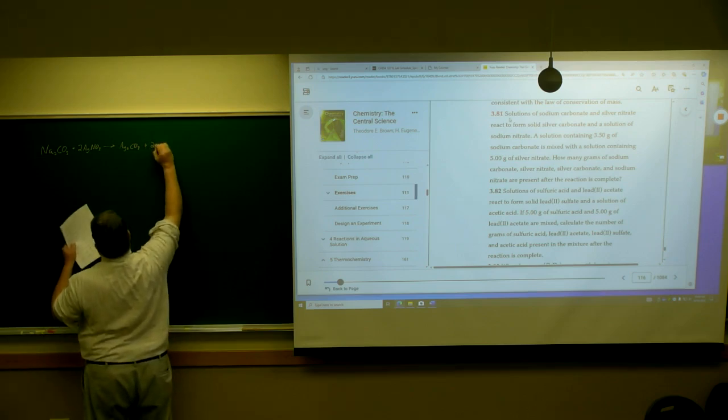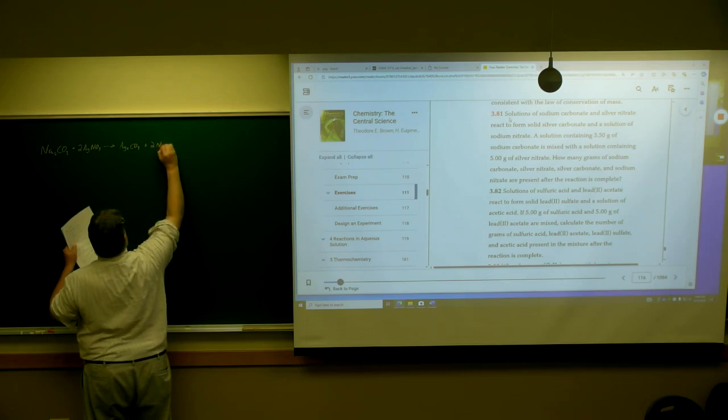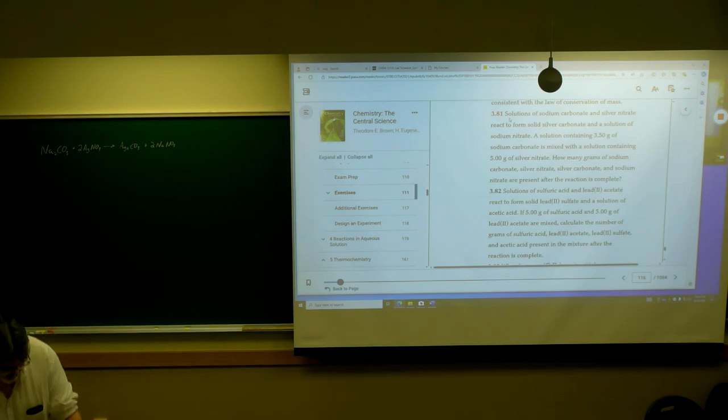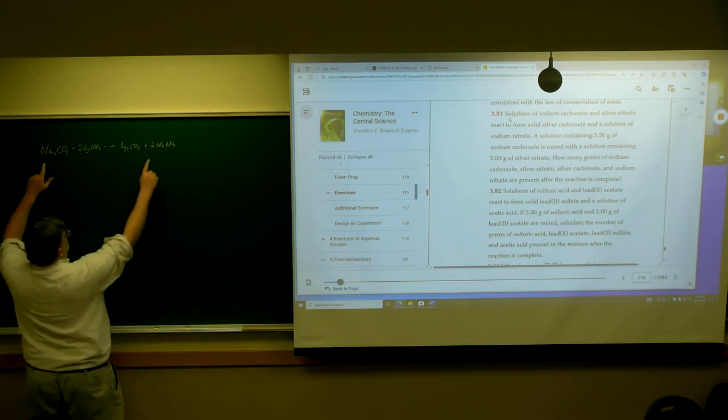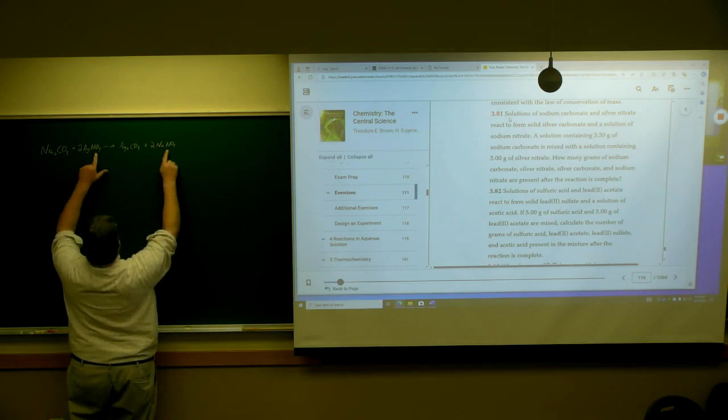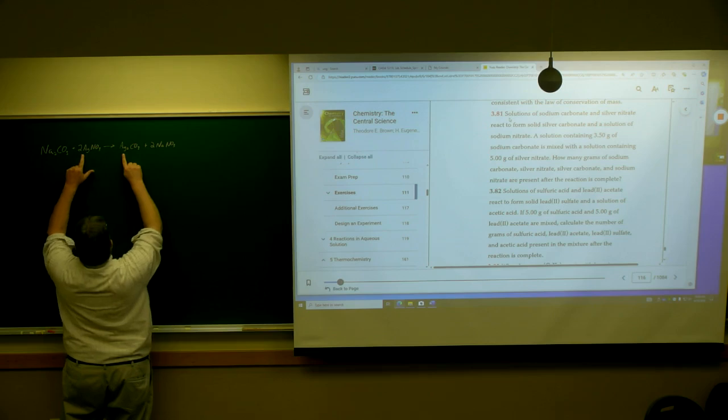So I'll give you the balanced reaction for these. There is some balancing you have to do in specific places, but in general, I will give you set balanced: 2 Na, 2 of those, 2 of those, 2 of those, and the CO3.